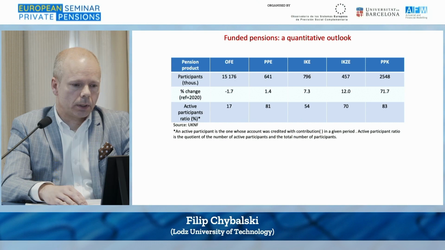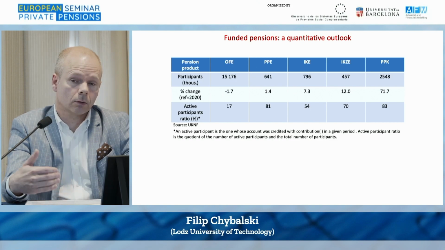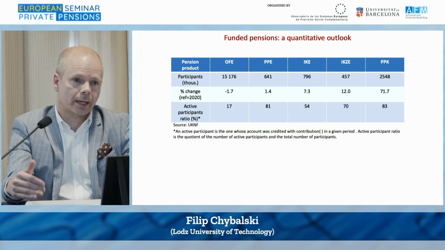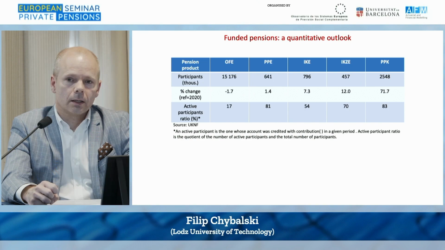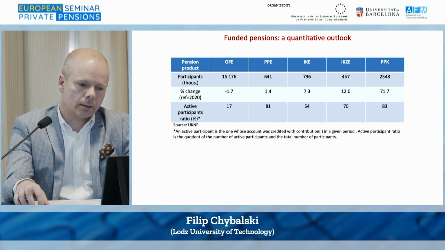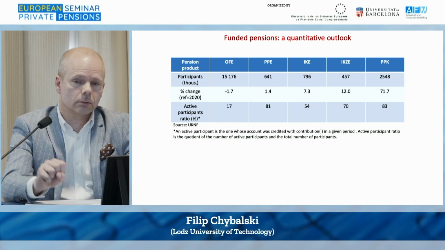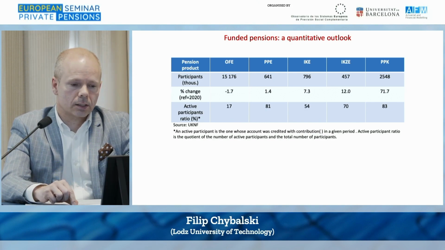Participants, or maybe the active participants ratio, 17% in open pension funds, so only 17% of accounts have recorded any changes or any contributions paid to this account last year.